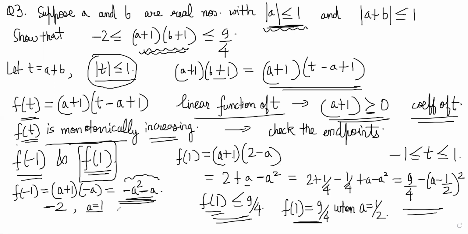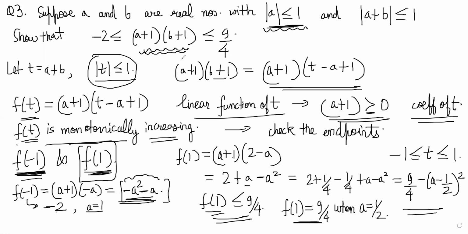So f of minus 1 was supposed to give us the lowest possible value of our monotonically increasing function. And we have found that the lowest possible value of f of minus 1 is minus 2 when a is 1, and the highest possible value of f of 1 is 9 by 4.